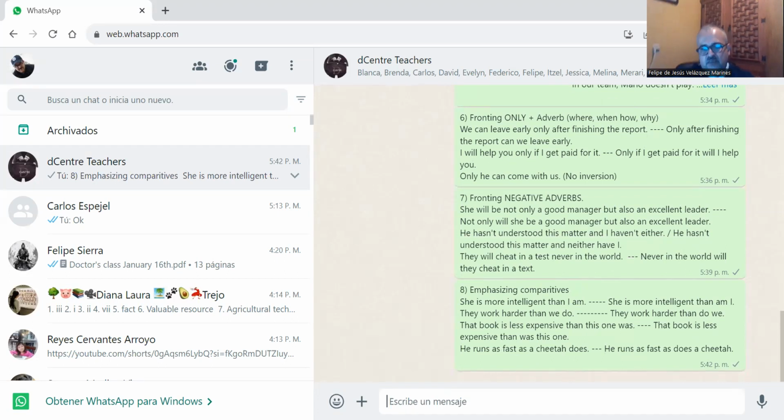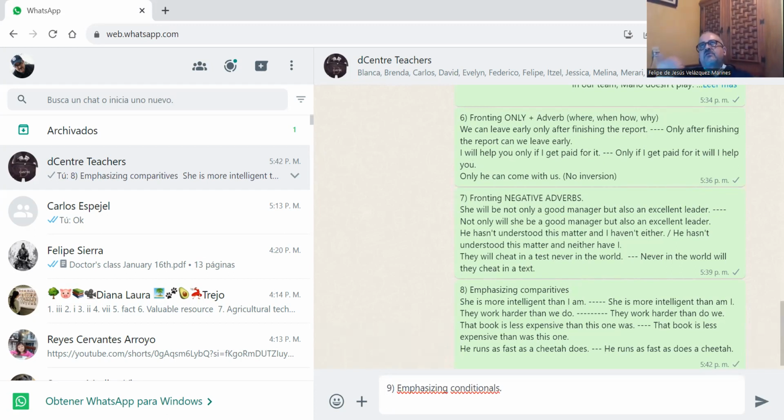And the last case is emphasizing conditionals. Emphasizing conditions, yes? Okay. First conditional, second conditional, and third conditional, yes? So first conditional.